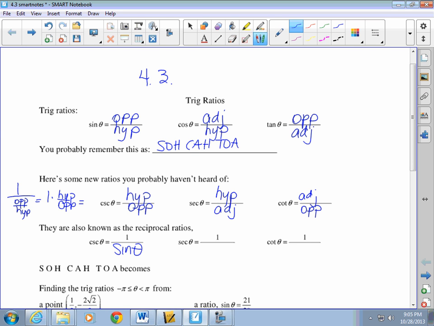So 1 times, I have to do the flip of the second part, so that's where that comes from. So secant then is the same as 1 over cos theta. And cotangent, sorry, that should be theta. Cotangent is the same as 1 over tangent theta.